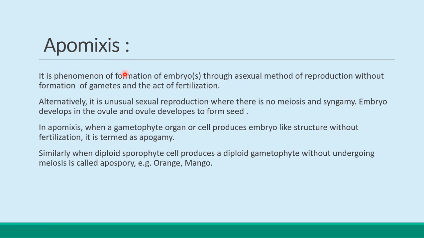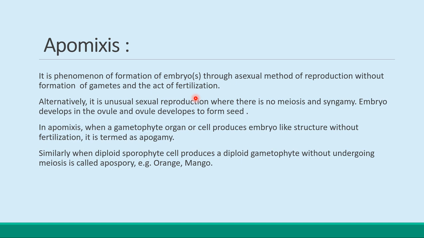You can see here it is the phenomena of the formation of the embryos through the asexual method of the reproduction without the formation of a gametes that act of the fertilization. We say embryo forms after the fertilization. Fertilization happens after gamete formation. Gamete formation means sexual reproduction. But if there is no gamete formation, of course there should not be sexual reproduction.